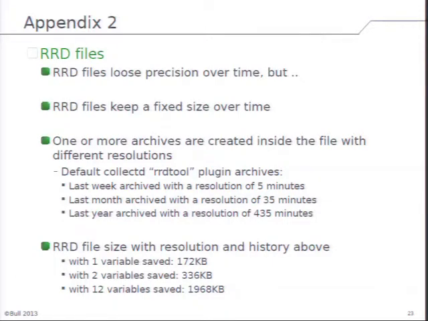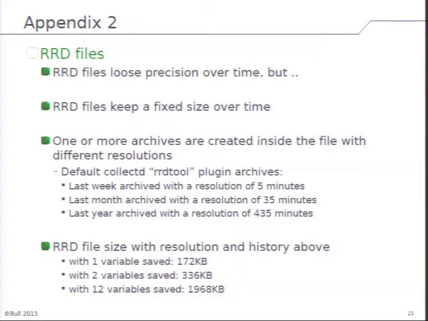By default, our tool uses the default collectd values. So it archives the last week with 5 minutes resolution, the last month with 35 minutes resolution, and the last year with 35 minutes.